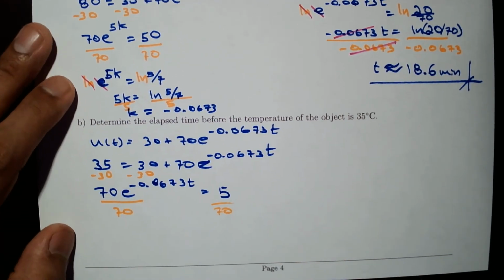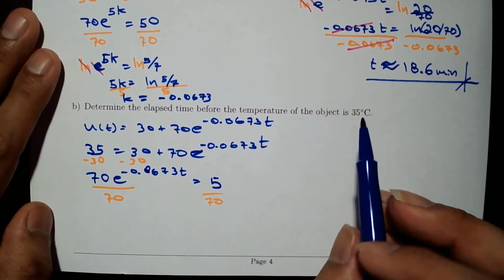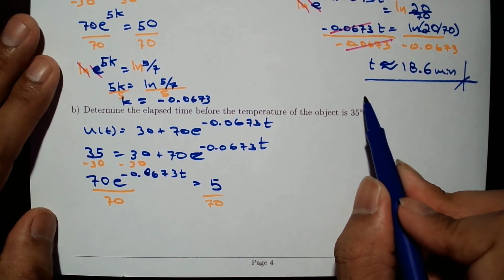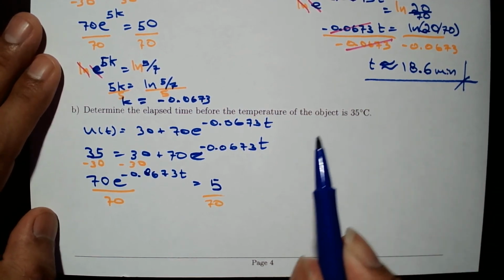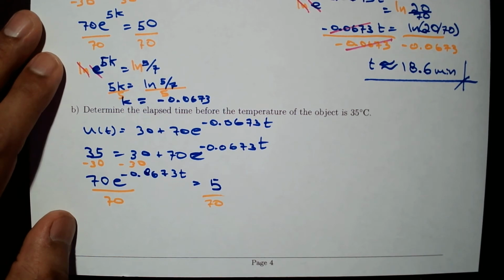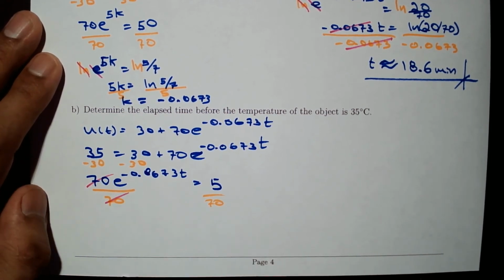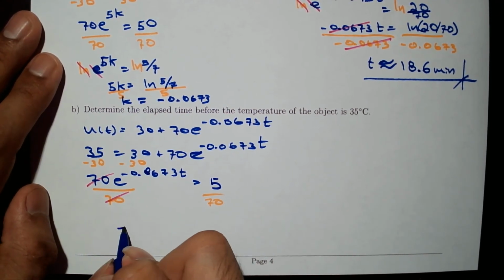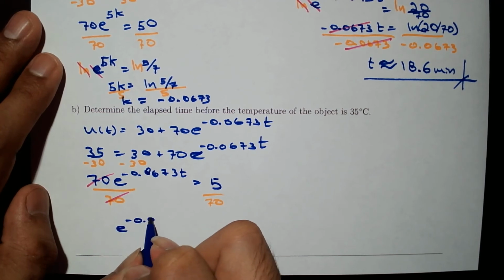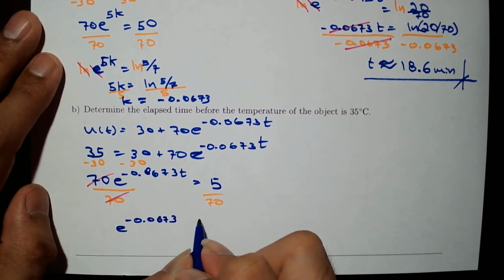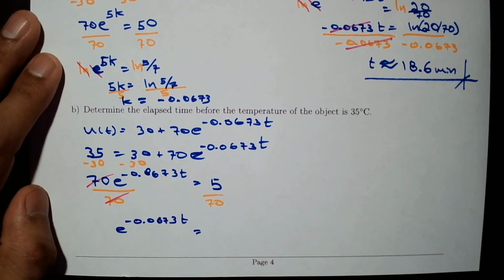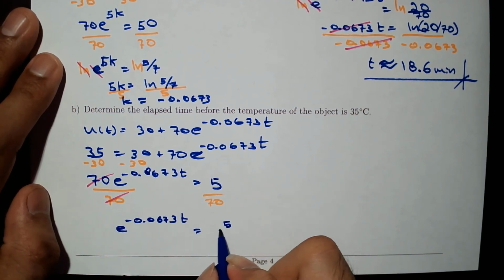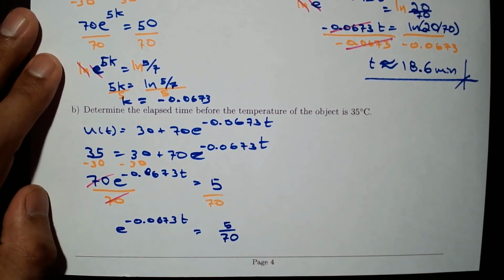So all this is just solving exponential equations, just identifying where we are going to put our given, if it's u or if it's t. Cancel, cancel, e to the negative 0.0673t equals 5 over 70. Even though it can be reduced, let's just leave it like this.